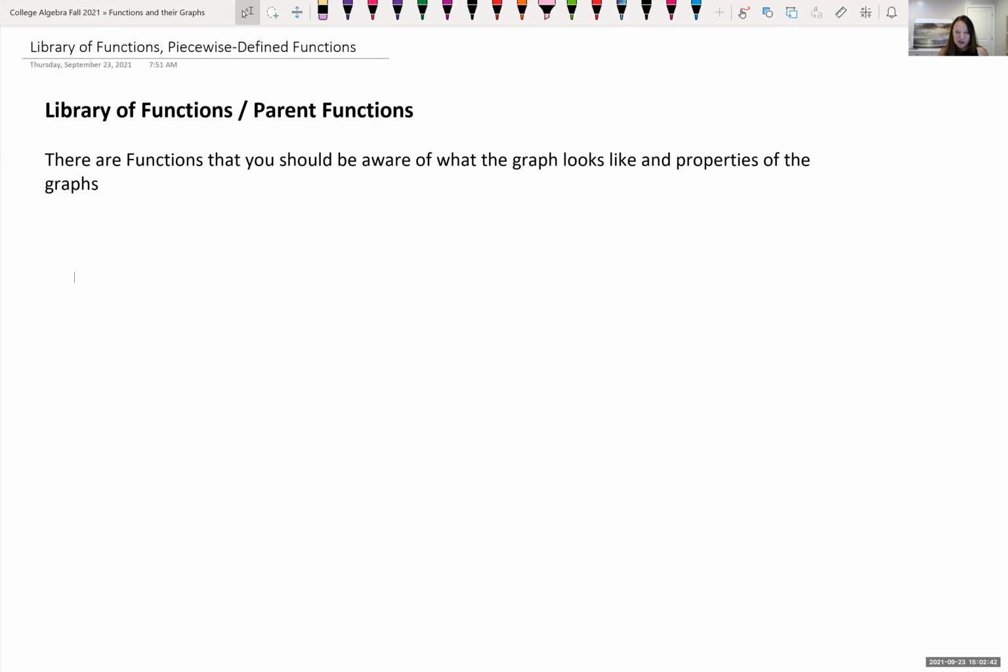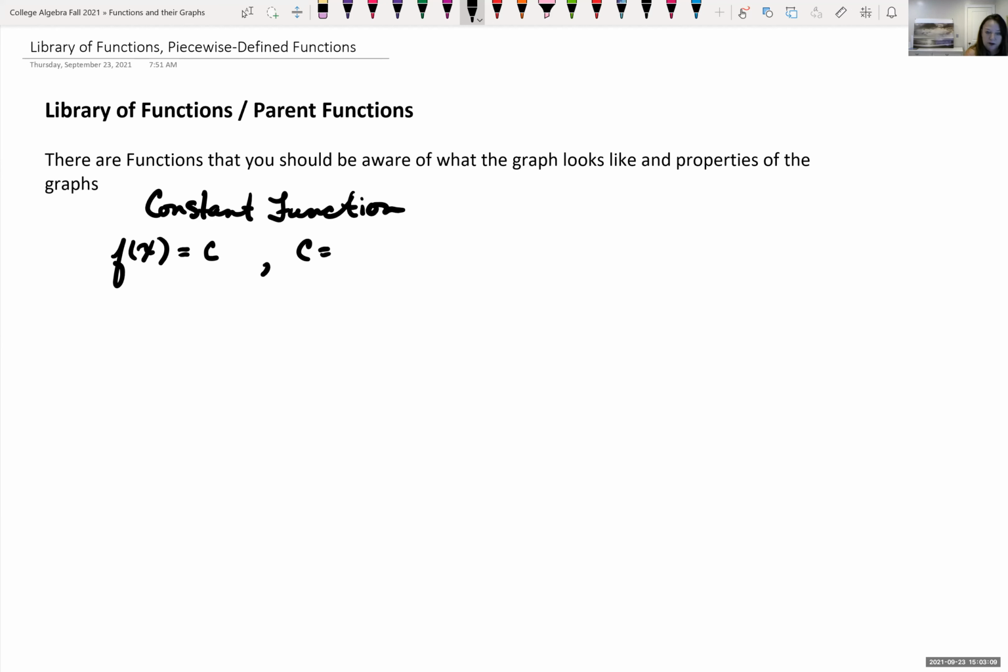Okay, so there are these functions that you should be aware of and what the graphs look like. A lot of these, I'm sure you know exactly what they look like. If I have f of x is equal to c, this is called our constant function, where c is equal to a real number.